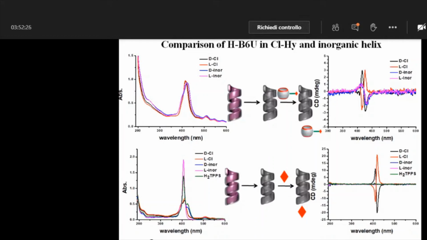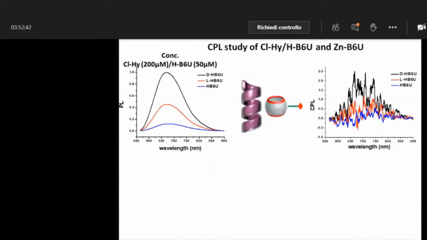Since these chiral optical studies were well established in terms of absorption properties, we were also interested to see if the system shows chiral optical properties in terms of the luminescence characteristics. To do that, we did a CPL study for this well stabilized cucurbituril monoconjugate with the supramolecular helices, but unfortunately we didn't see any CPL features.